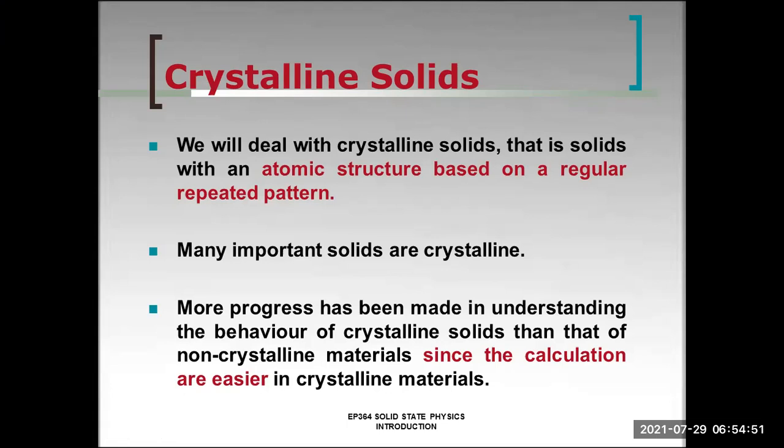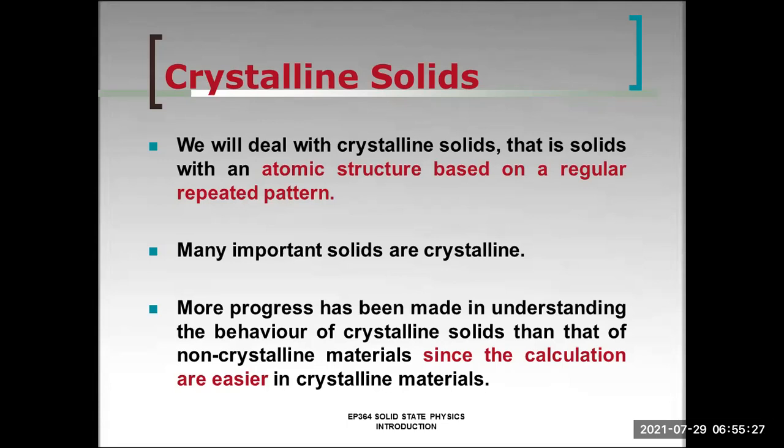Here we started our topic of Chapter 1 with the different types of materials which are available on the surface of the earth, and these solid materials have been broadly classified into two categories, that is crystalline solids and non-crystalline solids. How do you define a crystalline solid, and what is the importance of these crystalline solids, right?